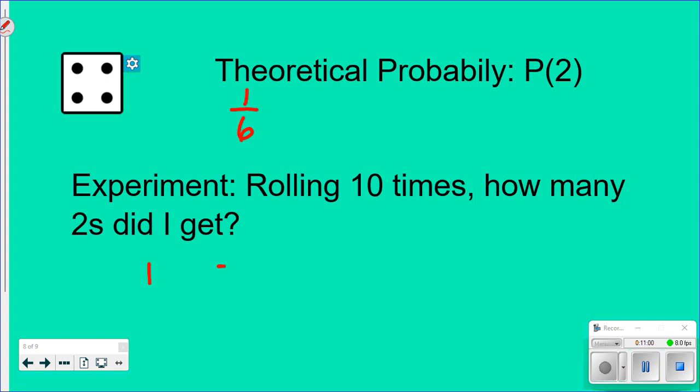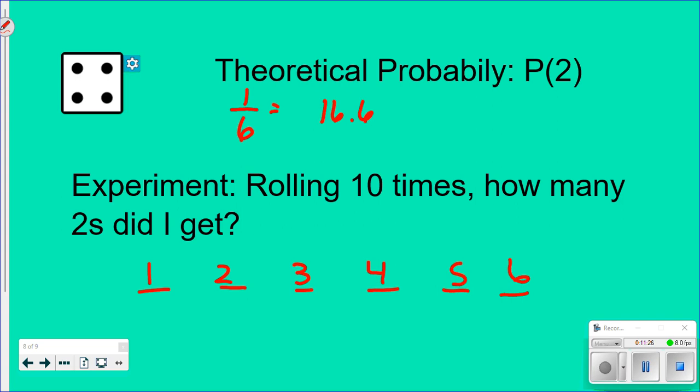So let's keep track. And I'm going to roll 10 times again. So 1/6, what is that in a percent? So 1/6, it's not a great percent. So I've got 16.6%. So my percentage should be around that, but sometimes it'll be a little off. But like I said, the more times we do an experiment, the closer it gets to theoretical.